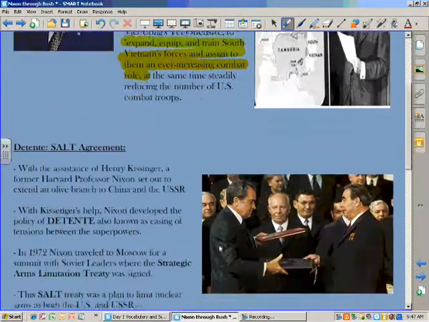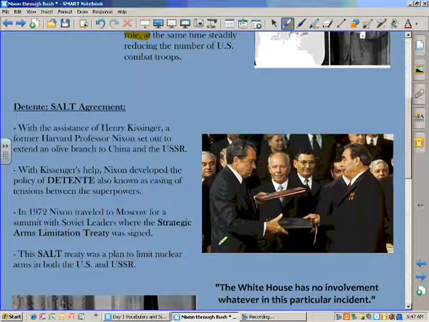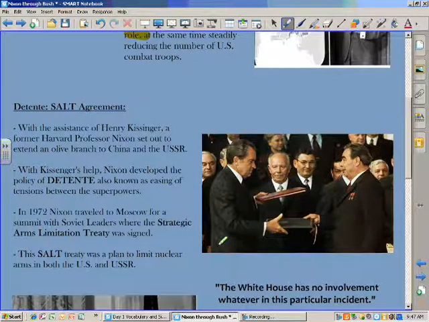Also during his presidency was a period of détente, which was known as easing of tensions between the United States and the USSR. With the assistance of Henry Kissinger, a former Harvard professor, Nixon sets out to extend an olive branch to China and the Soviet Union. Again, like I said, they developed this policy of détente, known as easing of tensions between the superpowers.